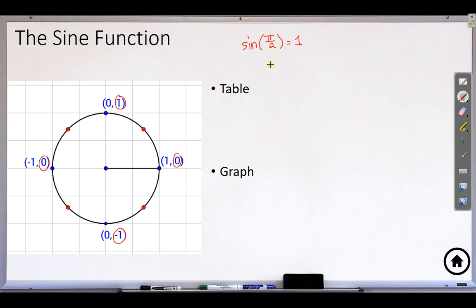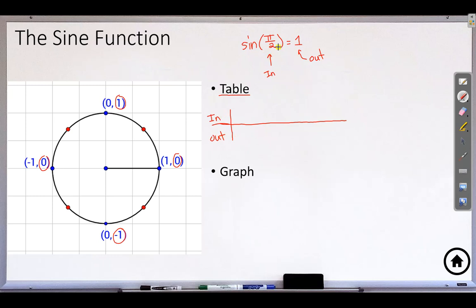Well, now we're going to take this angle as our input, and we're going to think of this value over here as our output. And we're going to turn this into an actual function. So to do that, we're going to first make a table. For our table, we're going to have an input and an output.